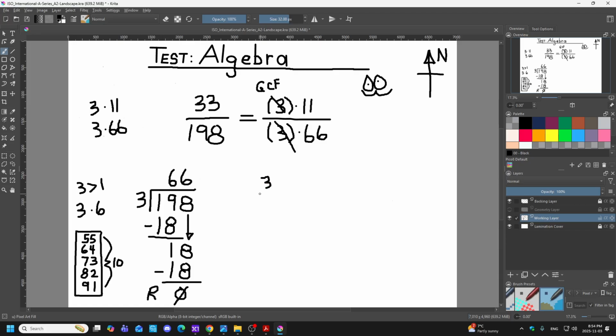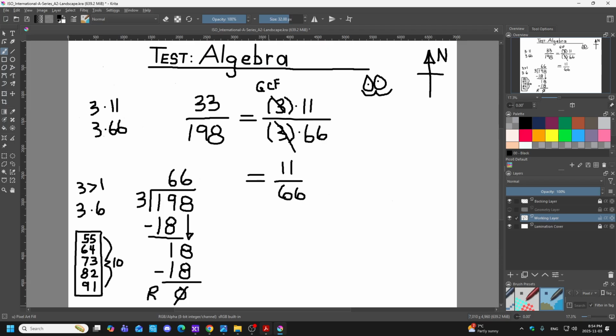As you know, 3 divided by 3 equals 1. So we are left with 11 over 66. Okay?